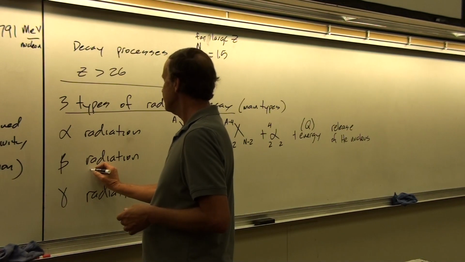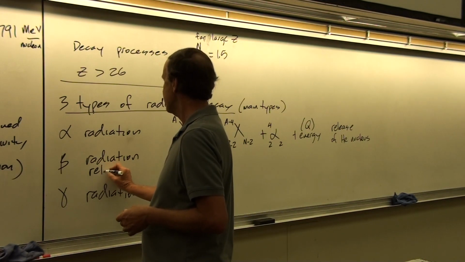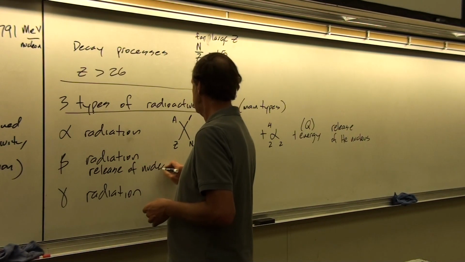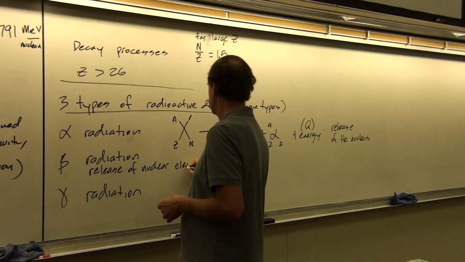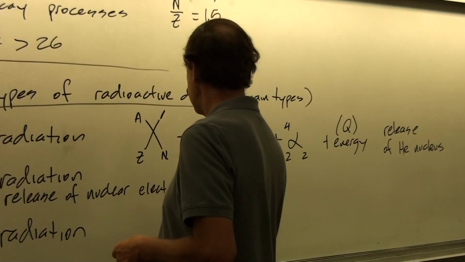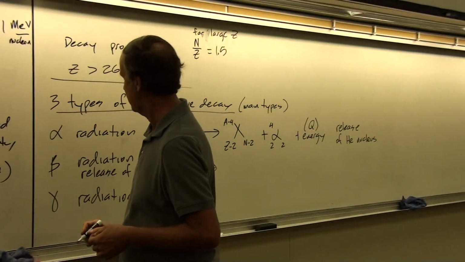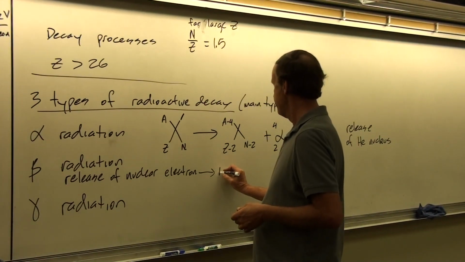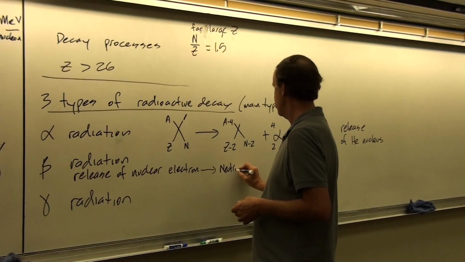And now beta is the release of a nuclear electron. So we actually get a transmutation of a neutron into a proton in the nucleus.